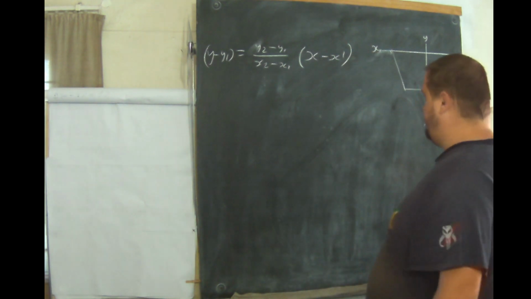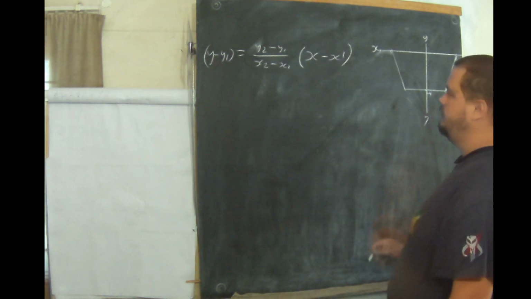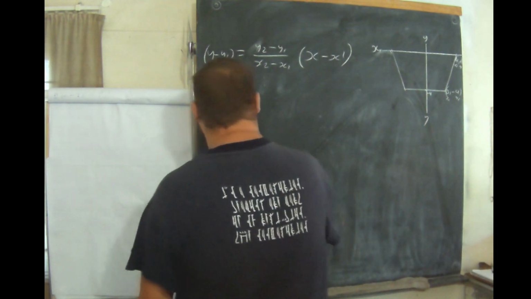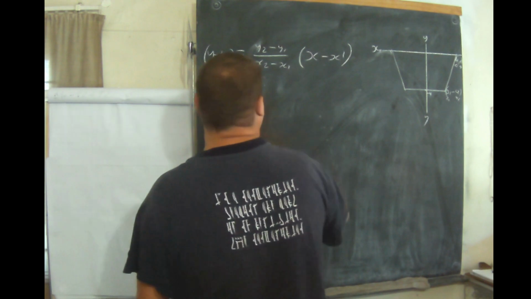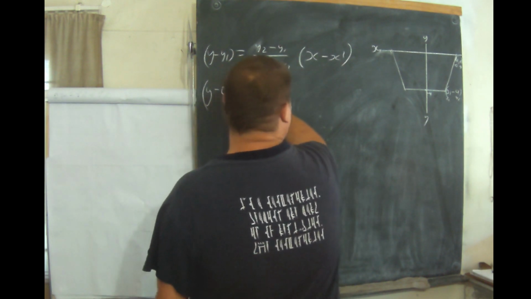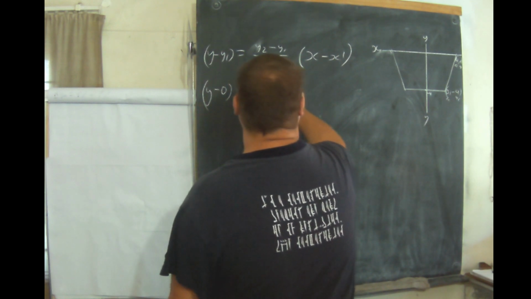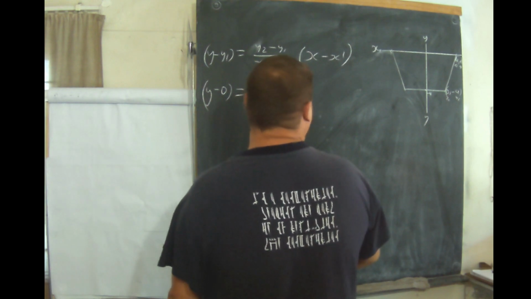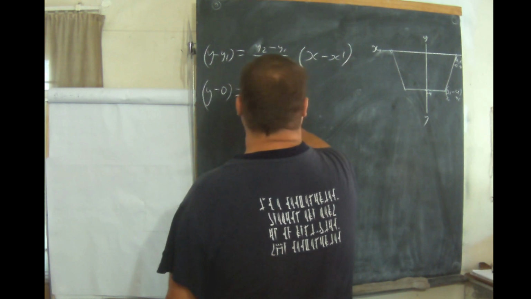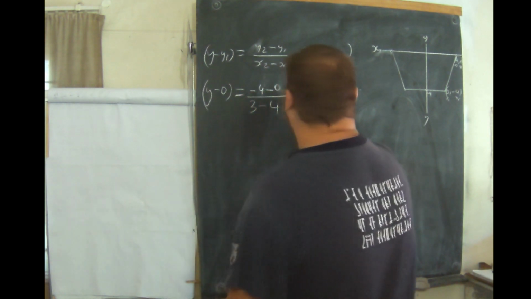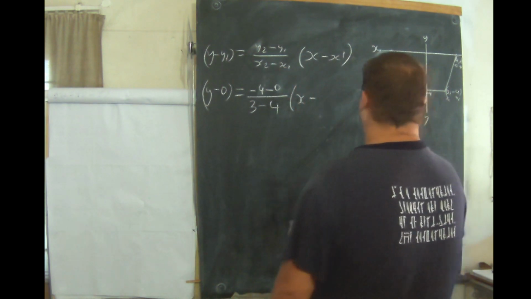Okay, so what we need to do is take y1, which is 0, y minus 0 equals, now y2 is minus 4 minus y1, which is 0, all over x2, which is 3, minus 4. And then x minus x1 is 4.